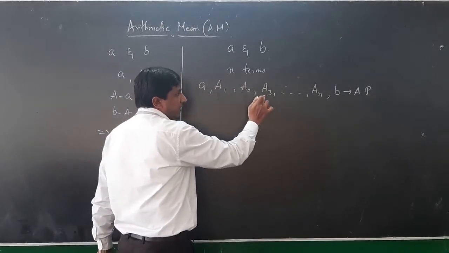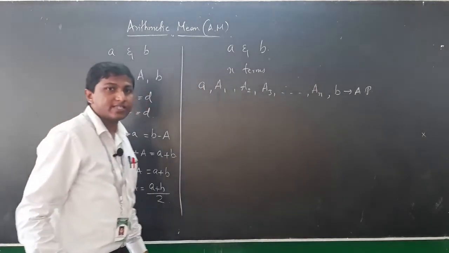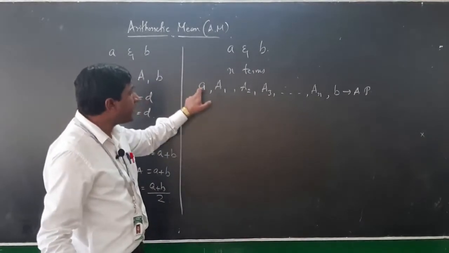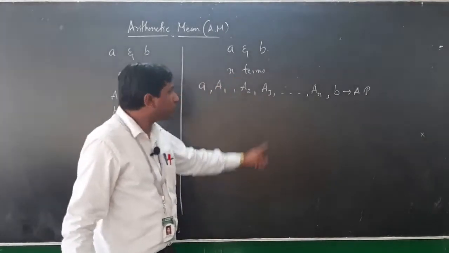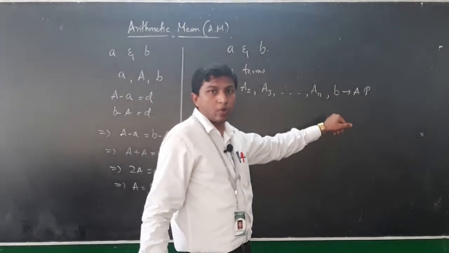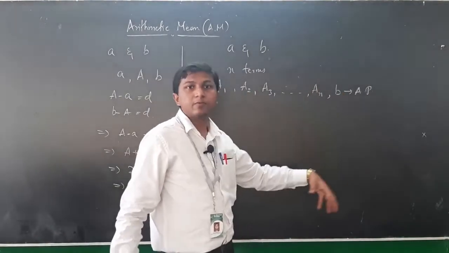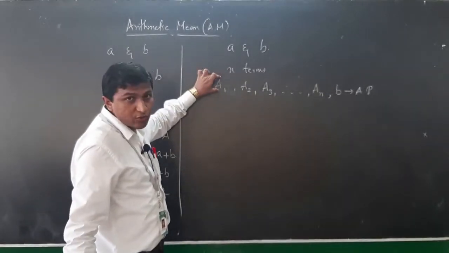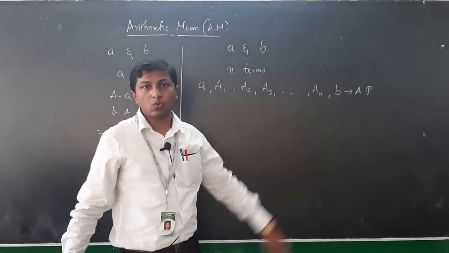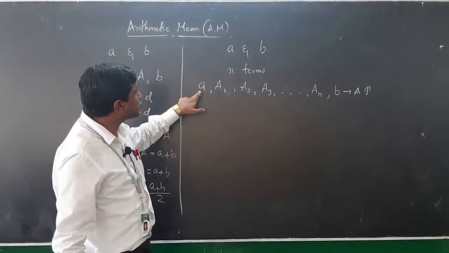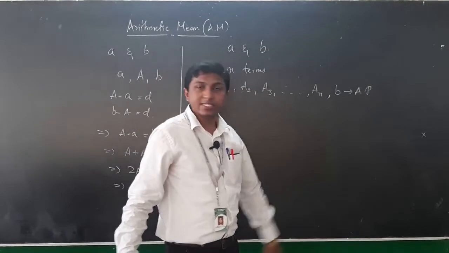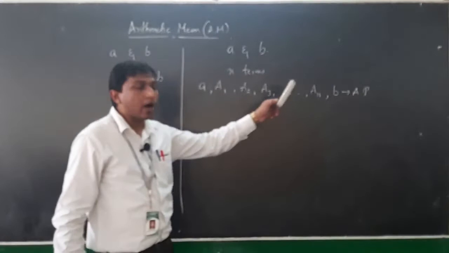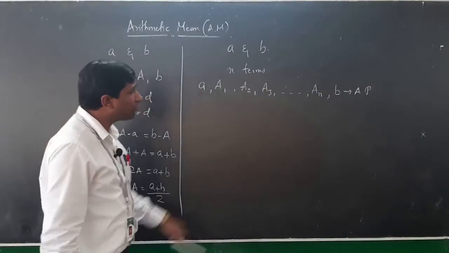A1, A2, A3, and so on, AN, such that the resulting sequence a, A1, A2, A3, and so on, AN, b must be an AP. We only know the values of small a and small b. We have to find the values of A1, A2 up to AN. How do we do this?